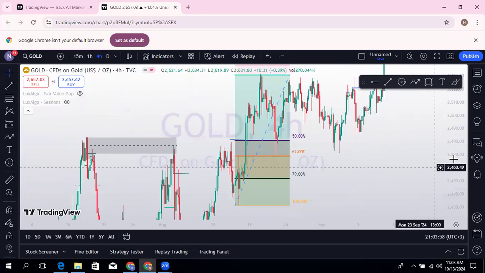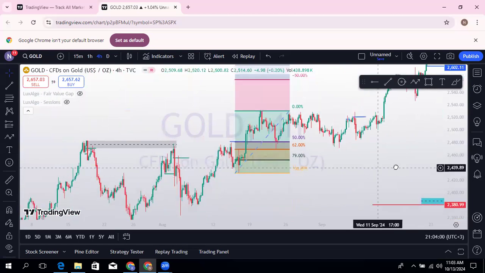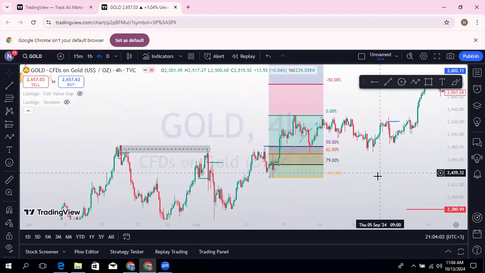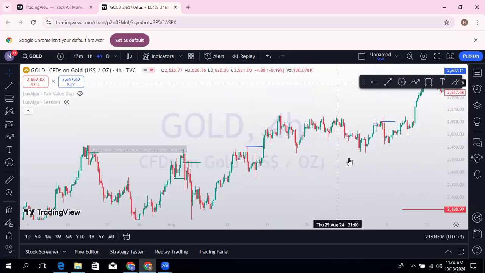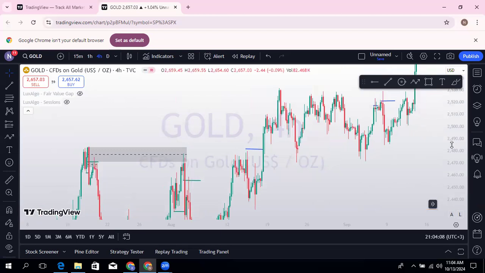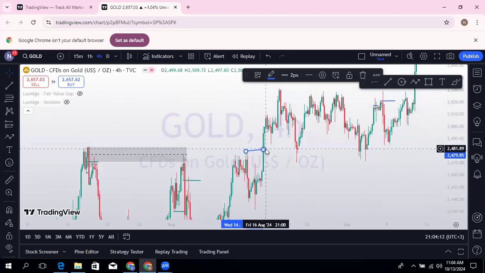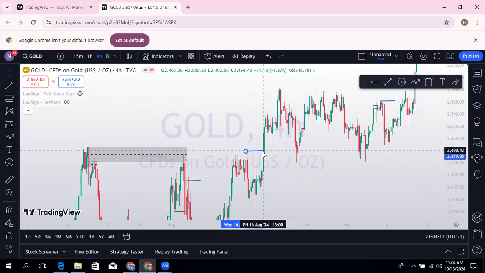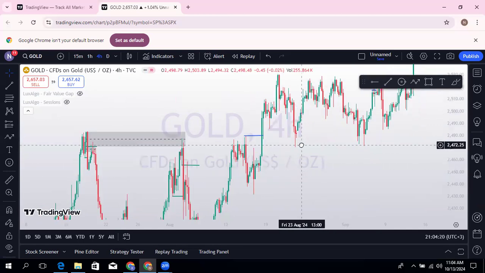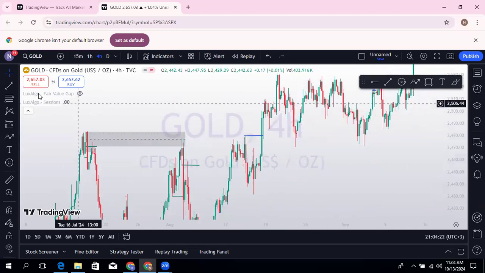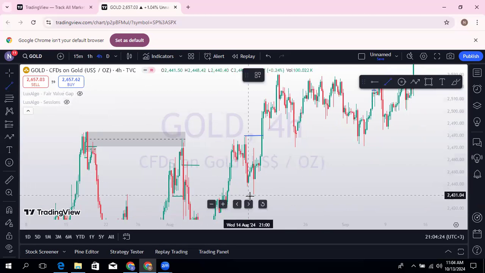Let's consider seeing this one. This is one of them. So let's check. After the price has broken the structure with a very strong momentum, showing that the price will be going up and up, we consider our key points.